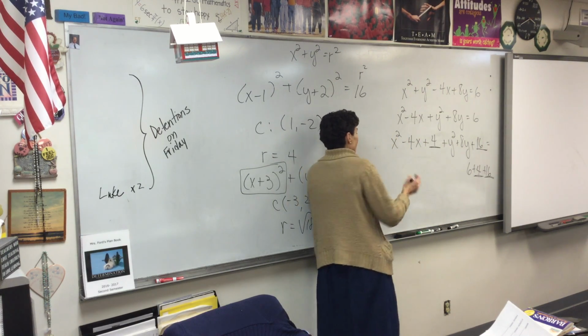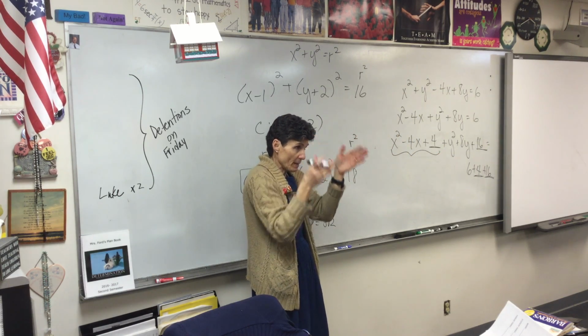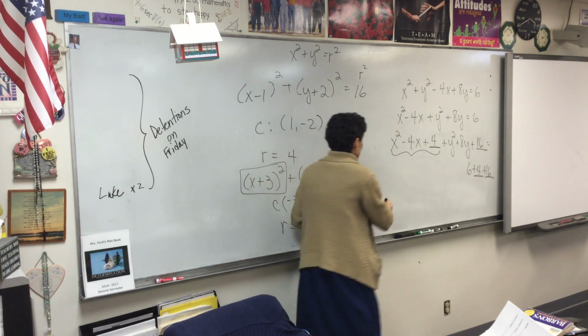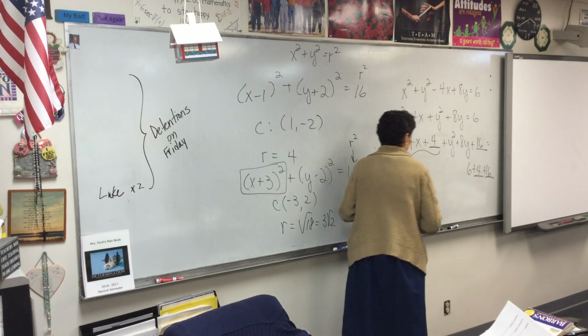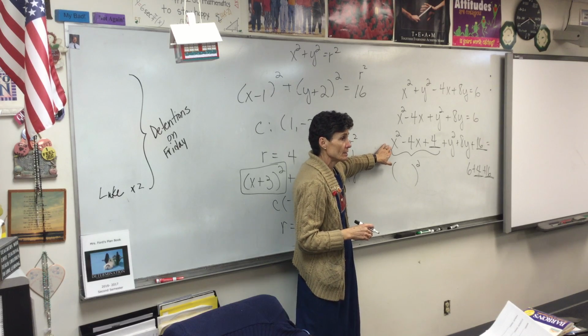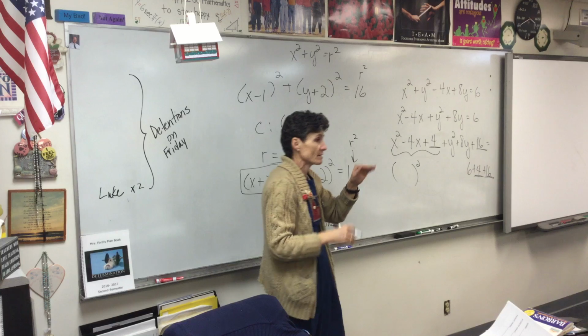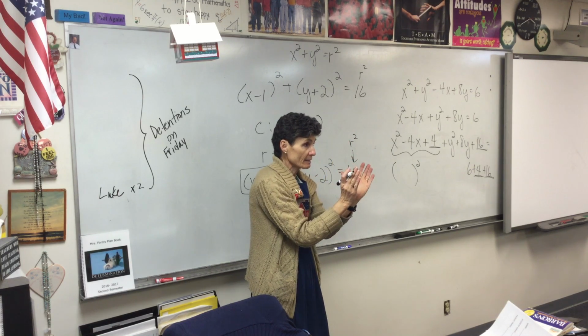Now you did that so that this X grouping could be written as a square. What square is this X thing here?